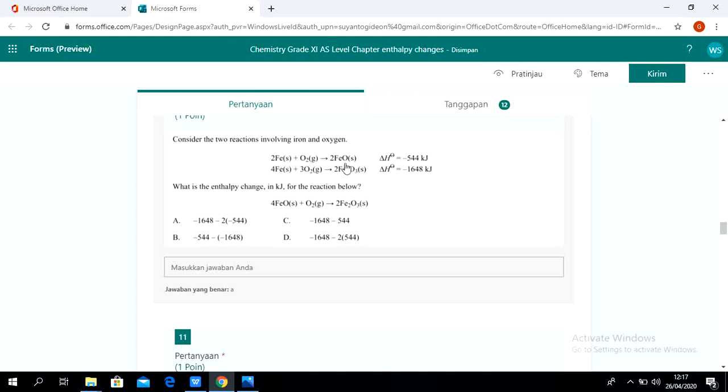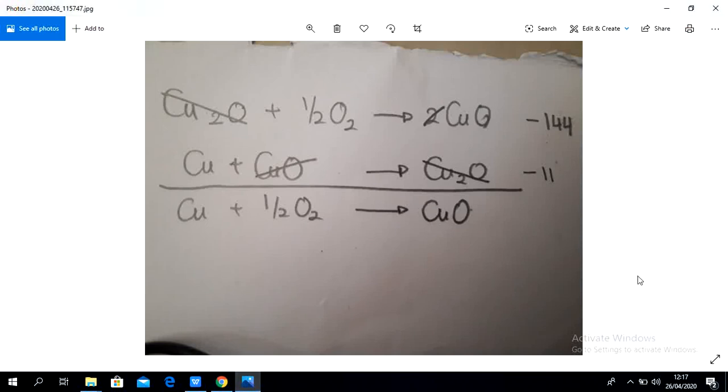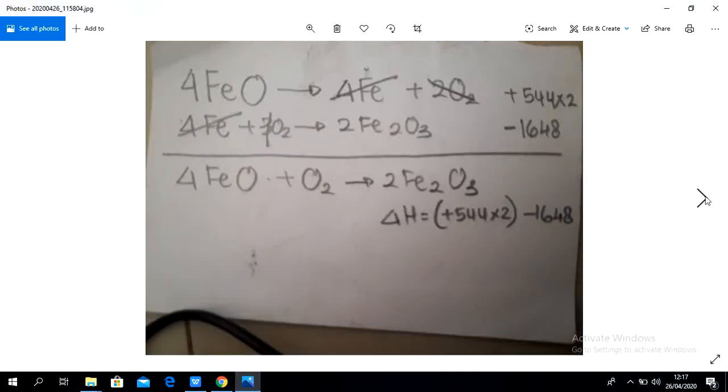Because the orientation is changed, that makes the sign also change. And then let's see here, there is 4 in here, 2. It means this equation changes orientation and is also multiplied by 2. That makes this enthalpy change value multiplied by 2 and the sign also changes to positive. So the answer would be like this.